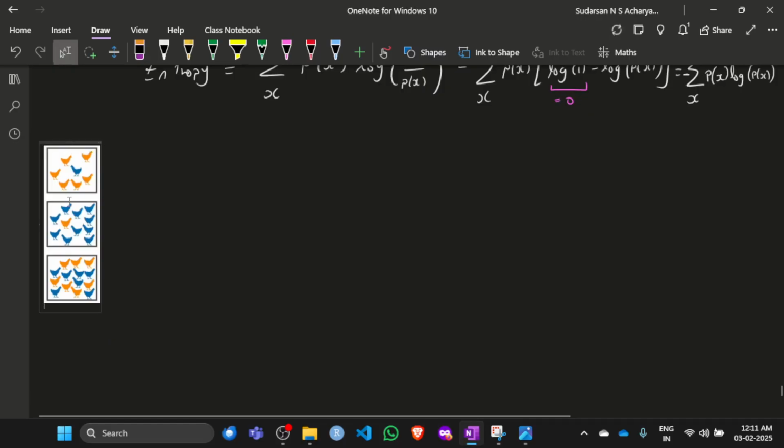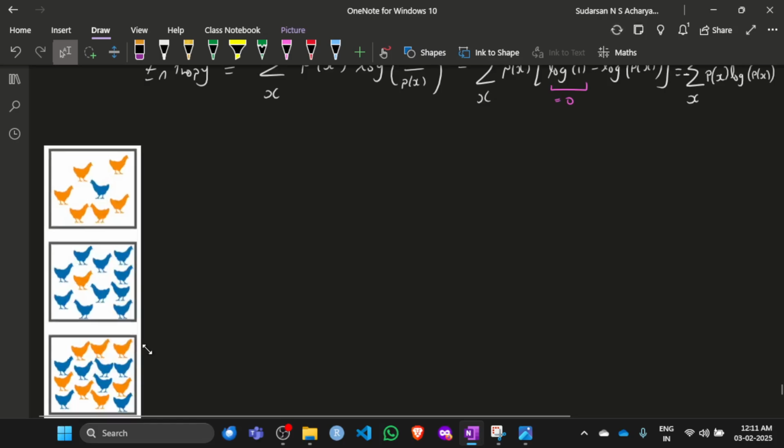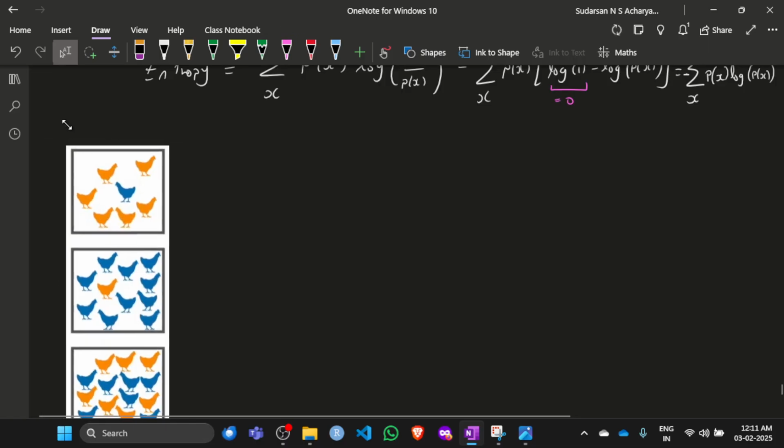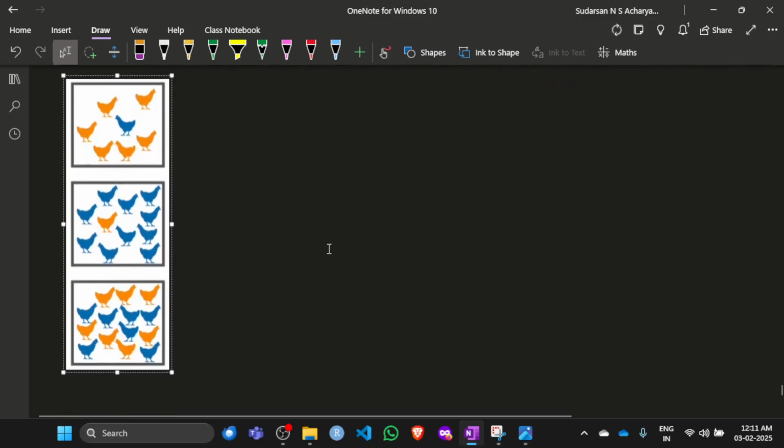Okay, so we have this picture where you have 3 boxes, and in each one of these boxes, you have 2 types of chickens, right? So let's call the boxes box A. I'll use a different color here. So this is box A, this is box B, and this is box C, right?